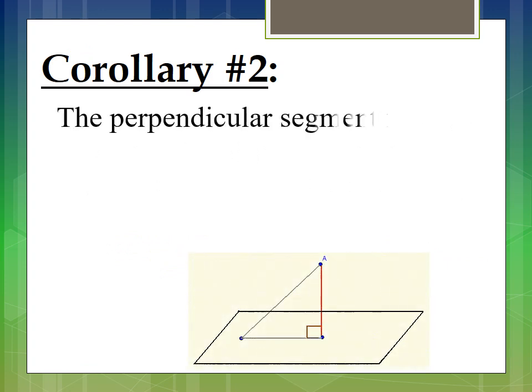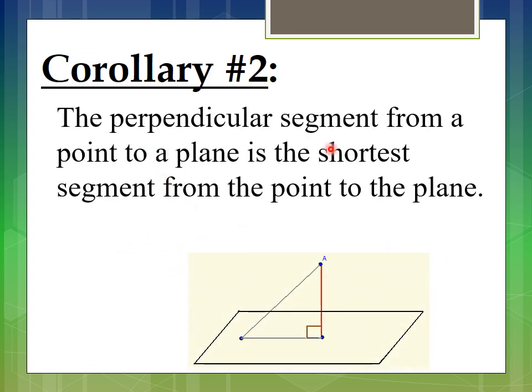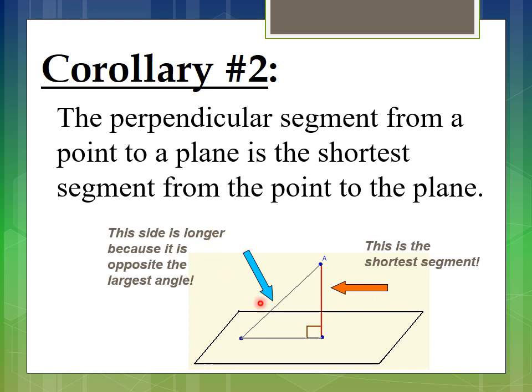Corollary 2 states that the perpendicular segment from a point to a plane is the shortest segment from the point to the plane. This is the shortest segment, and this side is longer because it is opposite the largest angle.